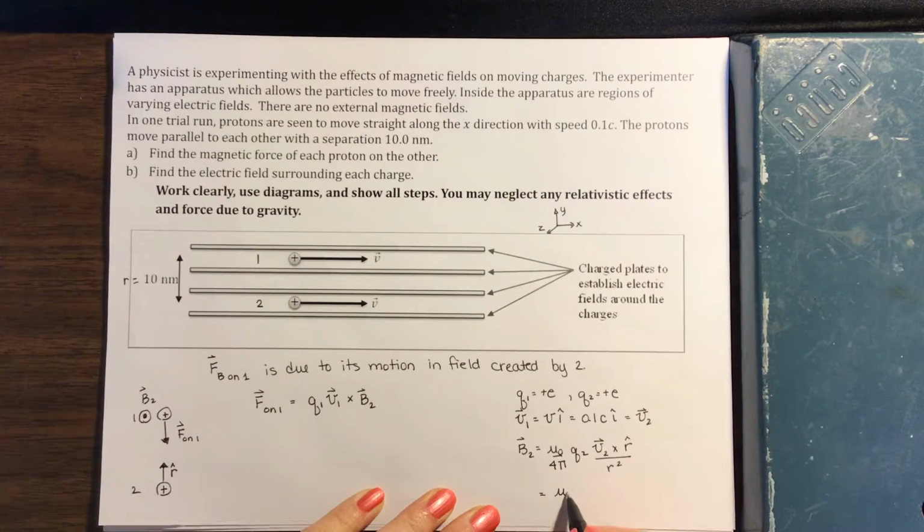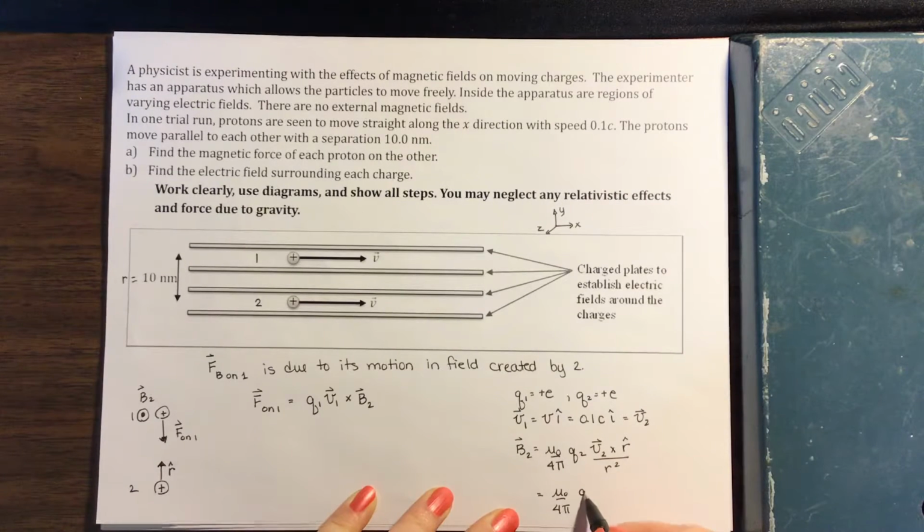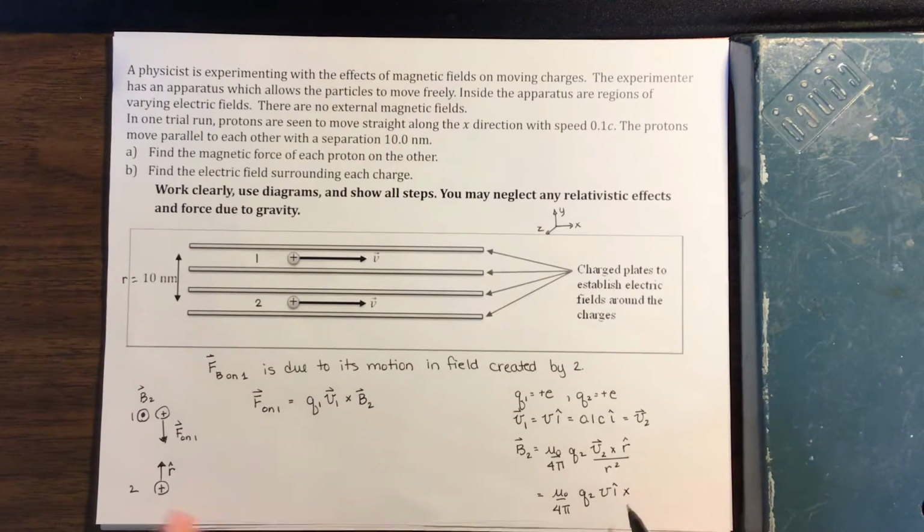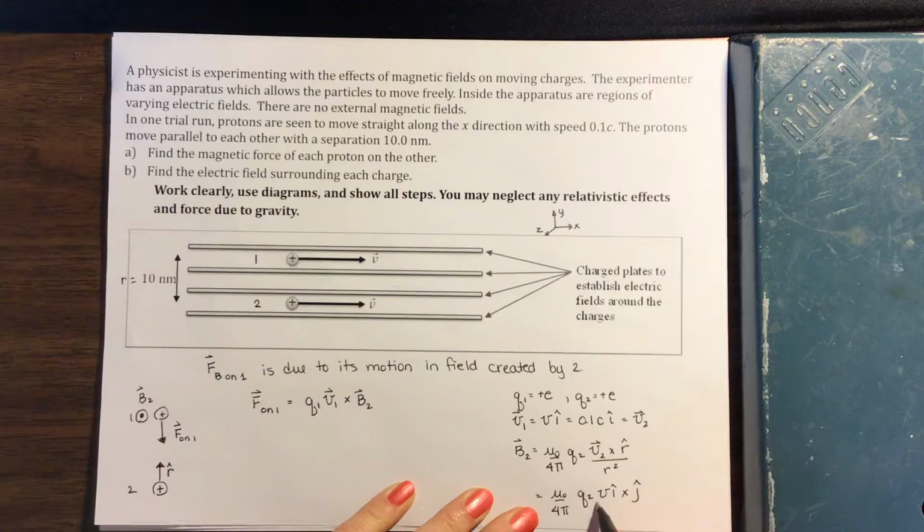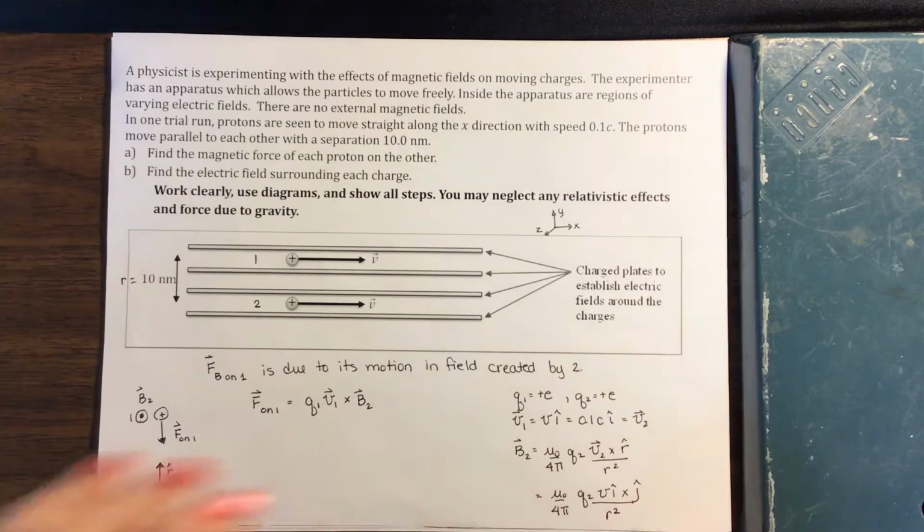So B2 is mu naught over 4 pi times q2 times v2, the speed in the i direction, crossed with r hat, that points up, so that's j hat, divided by r squared.